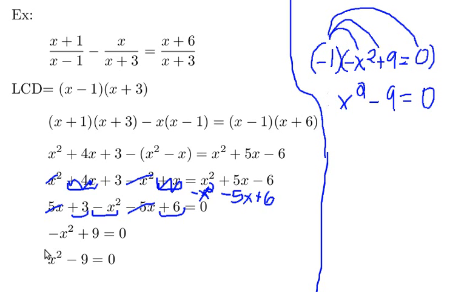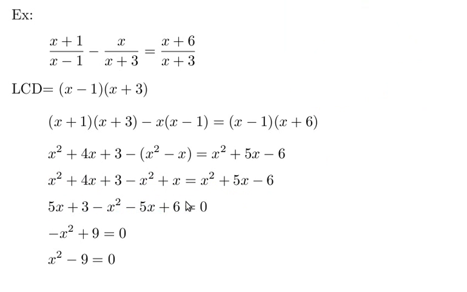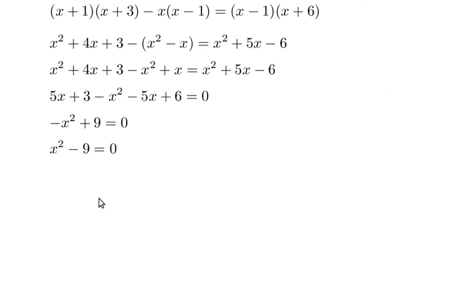So now what we have is a difference of two squares, because you have x squared minus 9. 9 is 3 squared. So we can rewrite this as x plus 3 times x minus 3 equals 0.